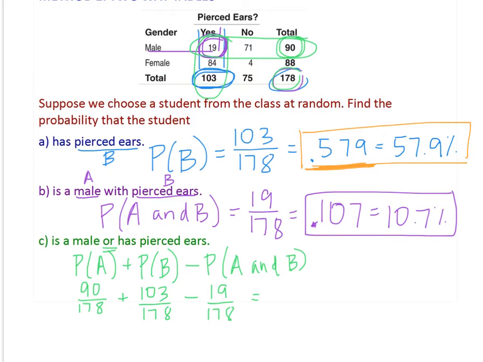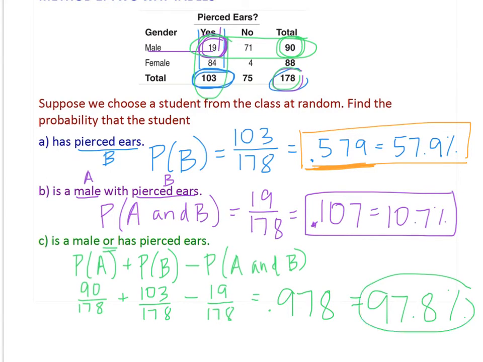And when I do that math, I get 0.9775 or 0.978, which is 97.8%. Which makes sense because if I look, there's only a few people who are not in either of those categories, so it makes sense that this is a really big number.